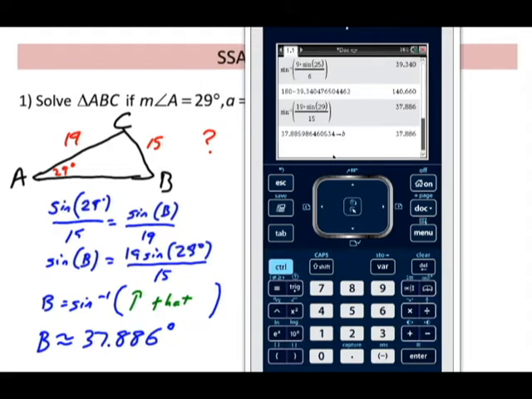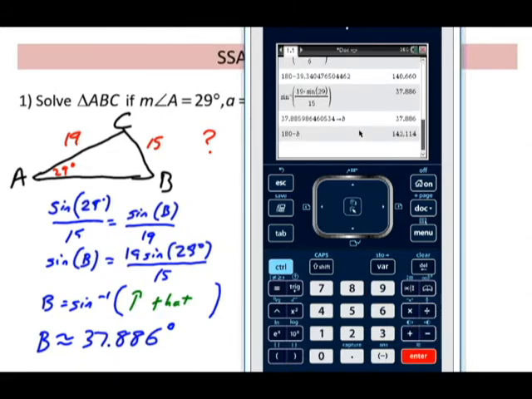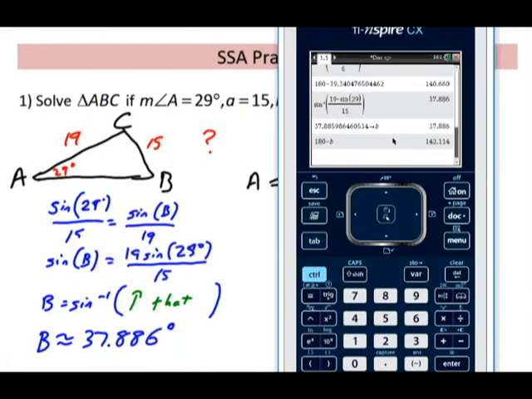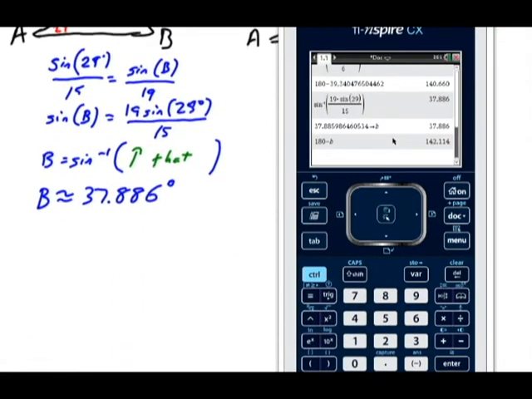I'm also going to take just a moment and figure out what the alternate version of B would be. So I'll subtract that from 180. I'll solve the acute case first.